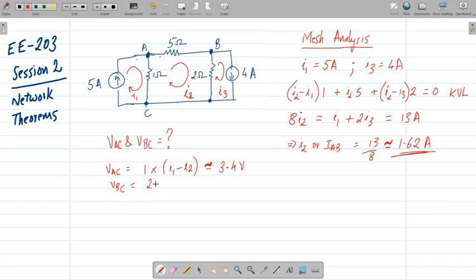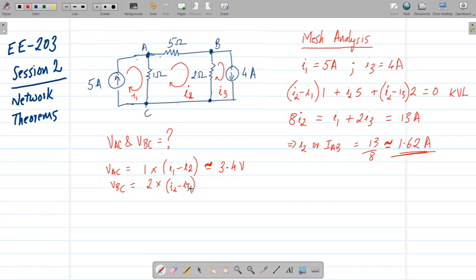What about VBC? That's going to be 2 ohms times (I2 minus I3). Since I've already given a direction for I2 as clockwise and I3 as anti-clockwise, VBC should be written in this form.